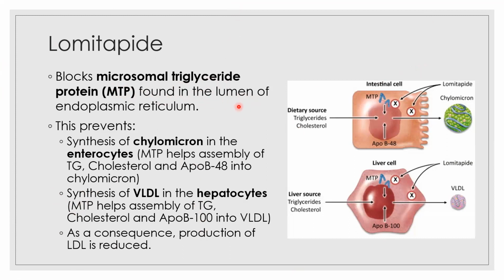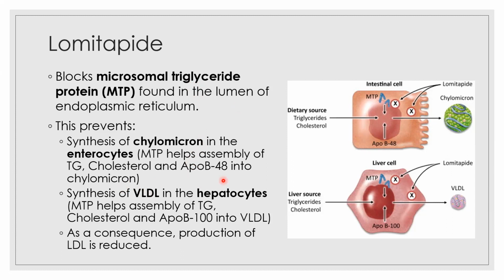So in the cell you have the endoplasmic reticulum, where you can find the microsomal triglyceride protein. This prevents synthesis of chylomicron in the enterocyte. MTP helps assembly of TG, cholesterol and ApoB48 into chylomicron.